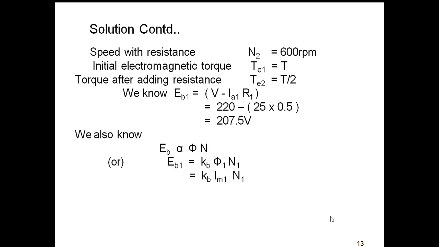As the flux is directly proportional to the current, we can write the above equation as KB into IM1 into N1. Writing the proportionality constant, KB is equal to EB1 by IM1 N1.